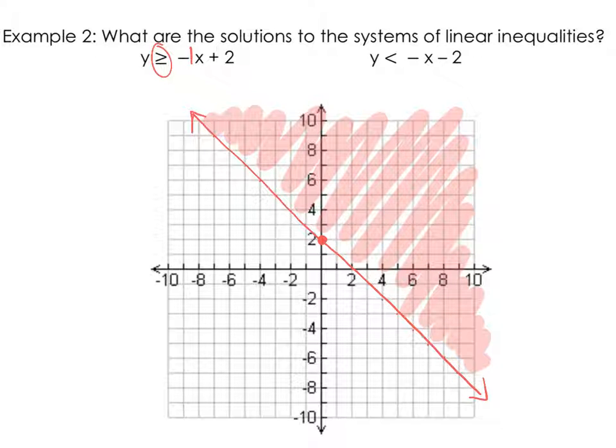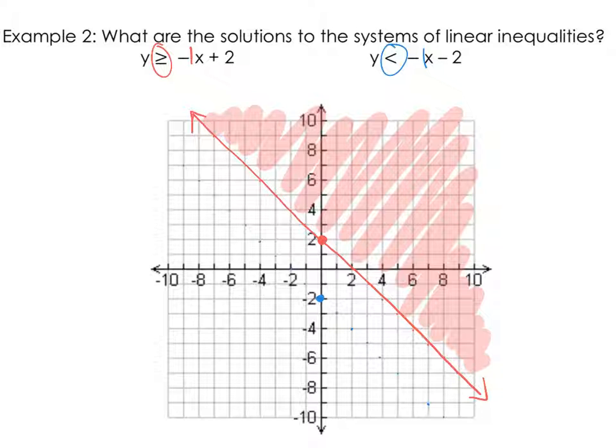Okay, then let's switch colors and let's graph y is less than -1x minus 2. So I'm going to begin at -2. And I'm going to go down 1, right 1, as far as I possibly can go. Once I run out of space, I'm going to go the opposite direction and go up 1, left 1, as far as I possibly can go.